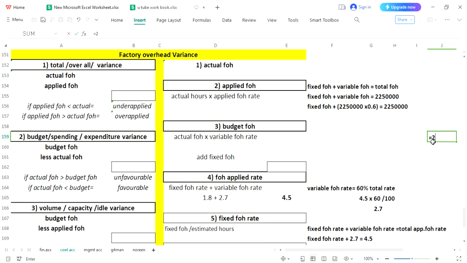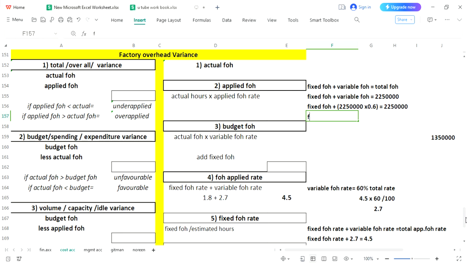So 22 lakh 50,000 would be multiplied by 60 divided by 100, or directly multiply by 0.6. So we have got our amount 13 lakh 50,000. Come over here.